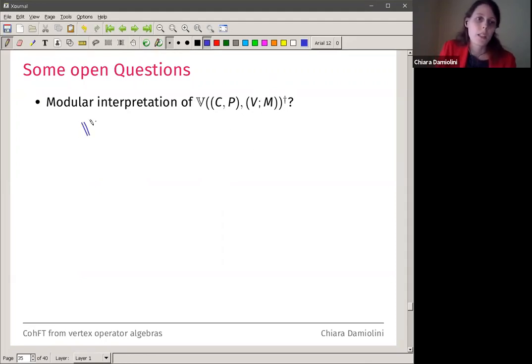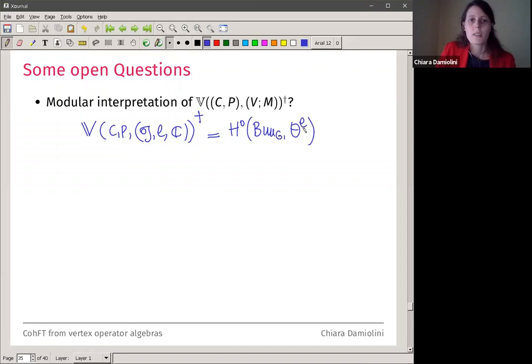So something that I didn't mention is that if I have a curve and the Lie algebra at level l, and let me take the trivial representation, and I take the dual of the coinvariants, meaning the conformal blocks, this is a space of global sections of a certain line bundle on a moduli space which parameterizes G-bundles, where G is the simply connected group whose Lie algebra is g.